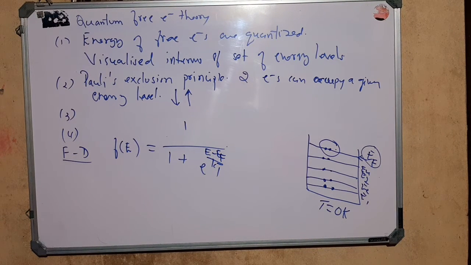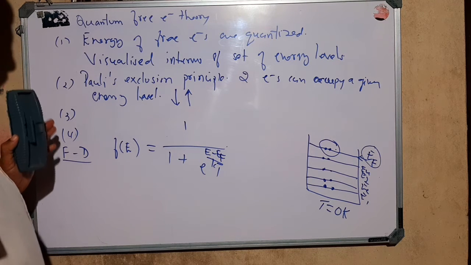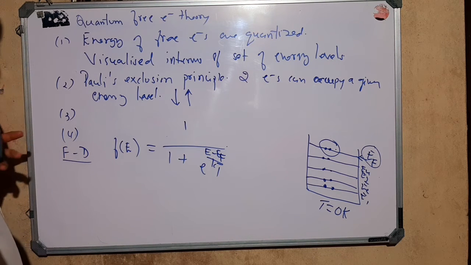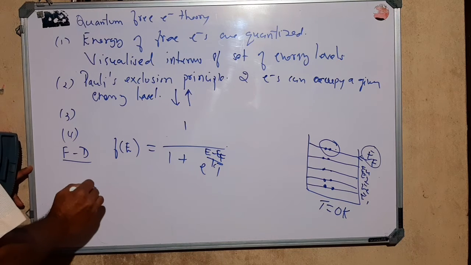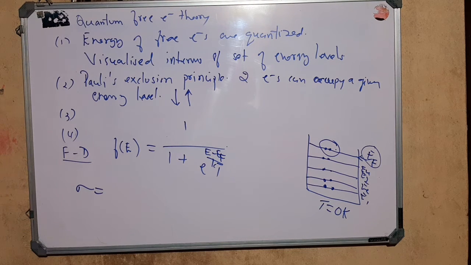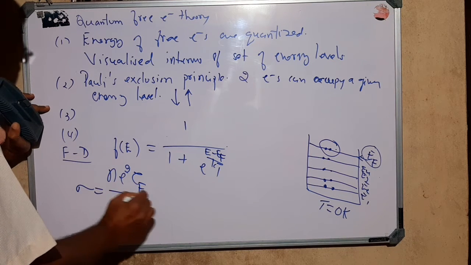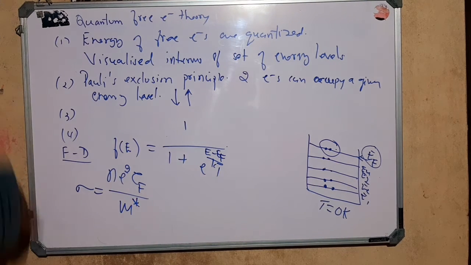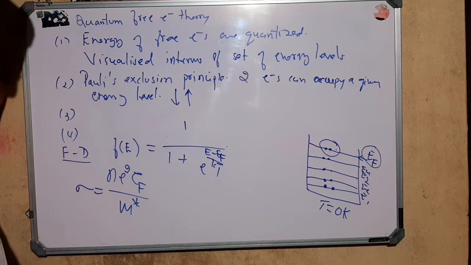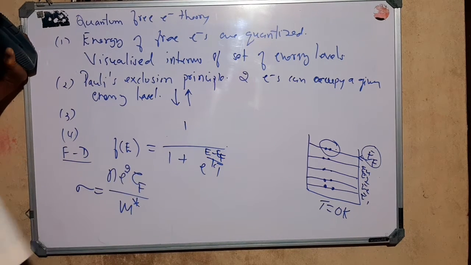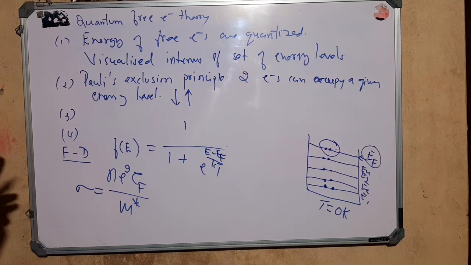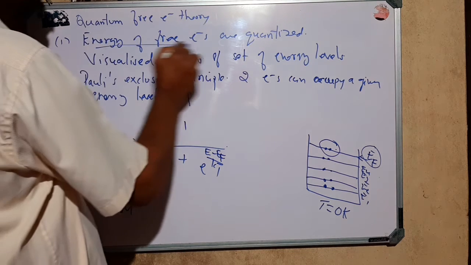So, using these concepts, we can explain the conductivity of electrons in the metal. Sigma is equal to n e squared tau F divided by m star. Here m star is the effective mass of the electron. Tau F is the mean collision time calculated for the electrons present in the Fermi level or nearer to the Fermi level.